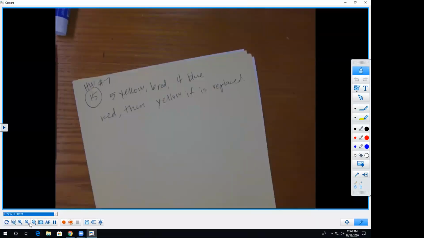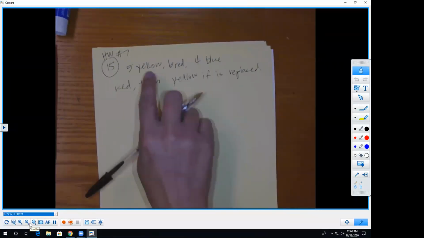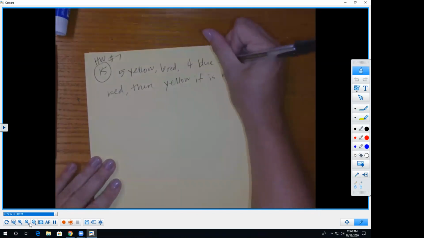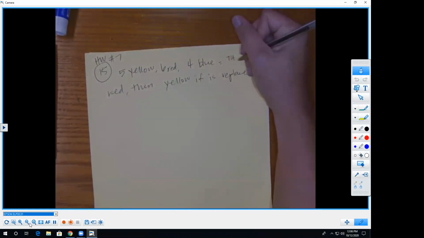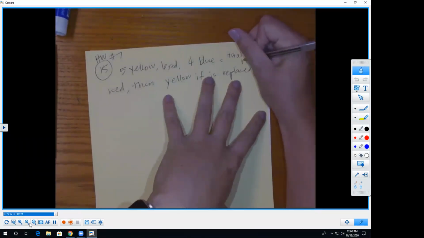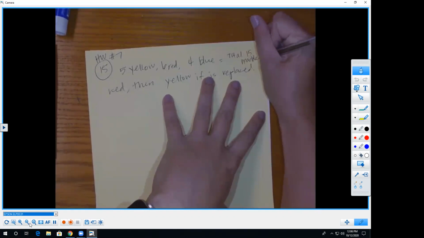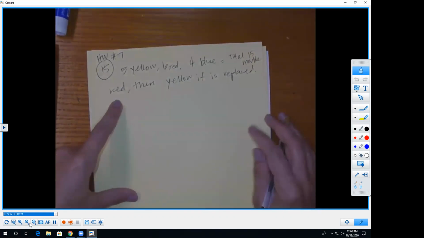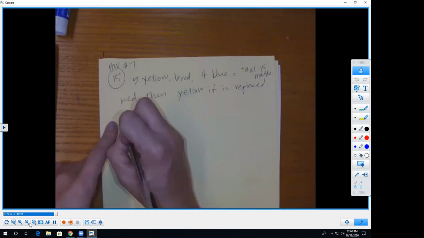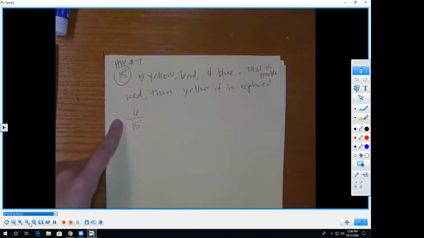Okay, so here's what we have in our bag. We have 5 yellow, 6 red, 4 blue. So that is a total of 15 marbles. So the probability of drawing a red would be 6 red options out of 15 total marbles.